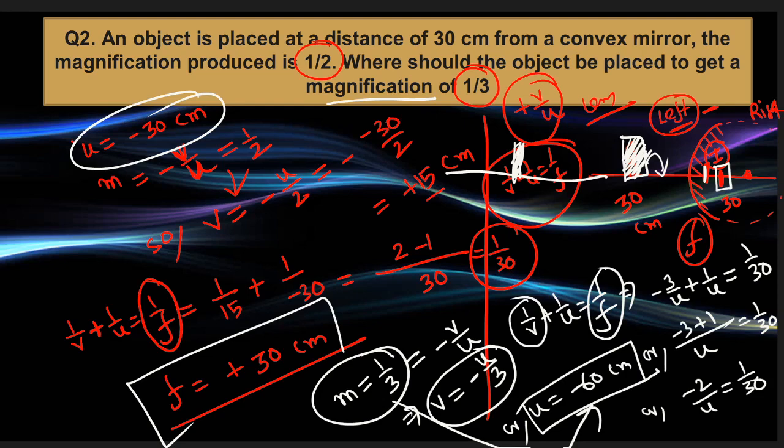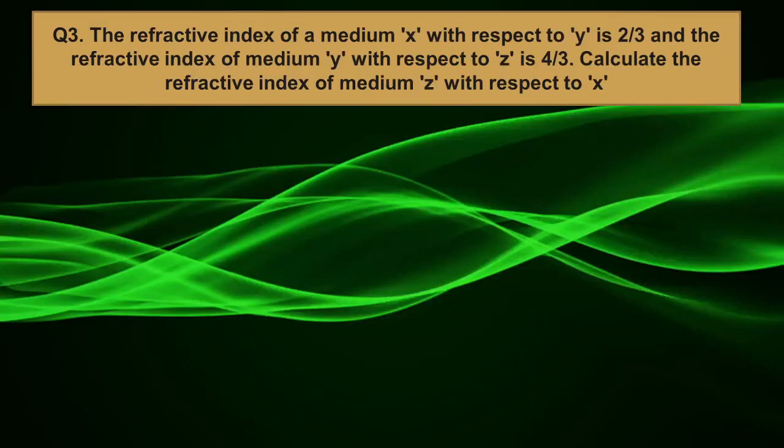For the third question, the refractive index of a medium x with respect to y is given. It means we can write that refractive index mu x divided by mu y equals 2 by 3.